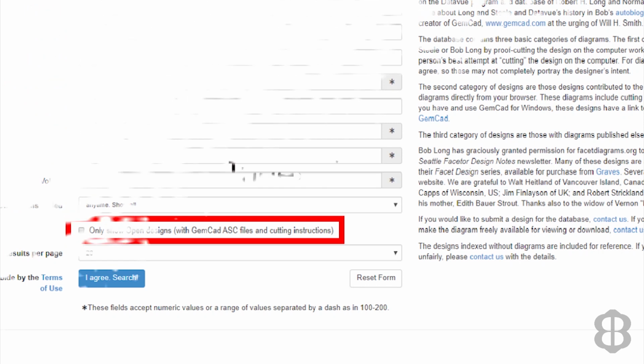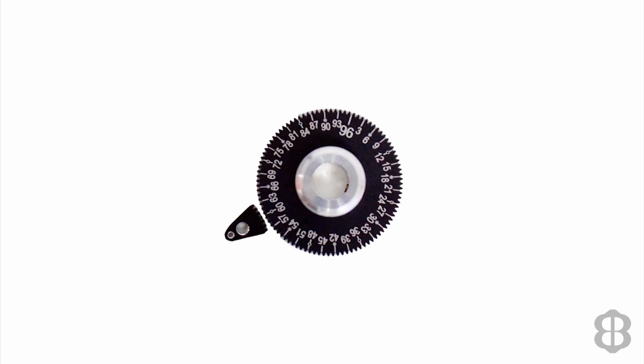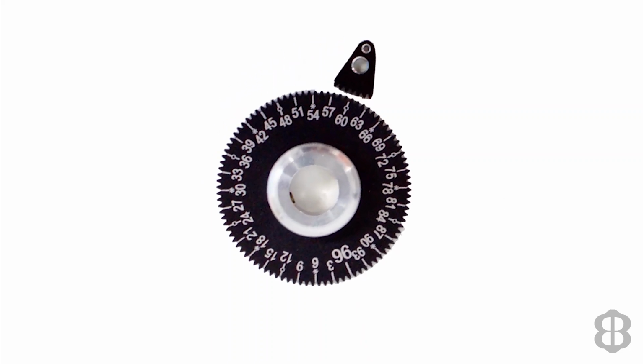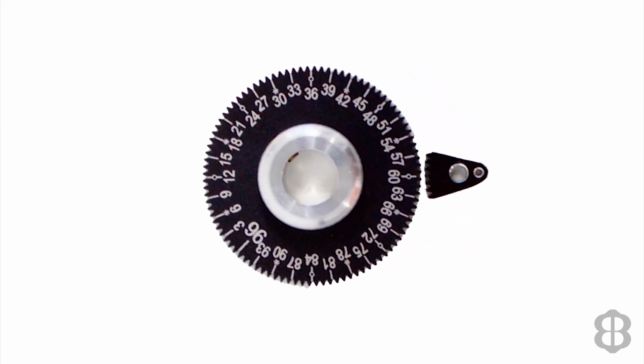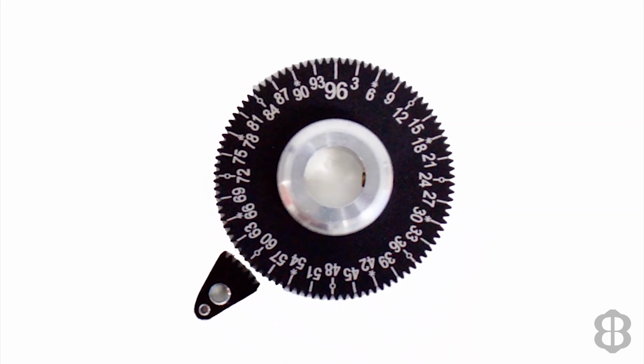Next, I want to dig a little deeper into the index gears for cutting gemstones. In part 1 of our tutorial, our gem faceting diagram was for a 96 gear index. The 96 gear is the most common index used for most gem designs, and the 96 index gear comes standard with the Ultratech and, I believe, all other gem cutting machines when you purchase one.